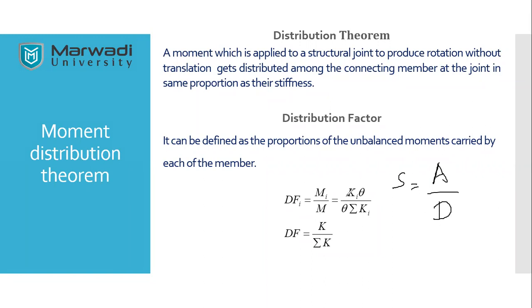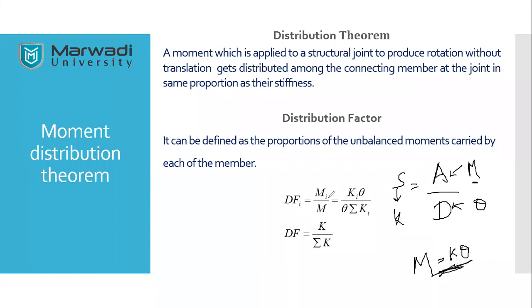In this case, instead of S, they are writing K for stiffness. The action could be in terms of either moment or force. Here I am considering action in terms of moment, so the displacement will be in terms of rotation. So M will be equal to K into theta.